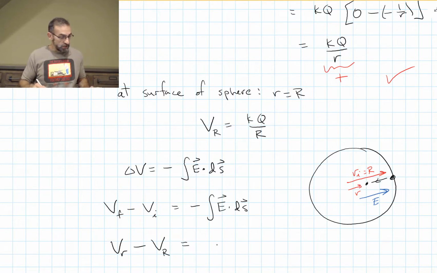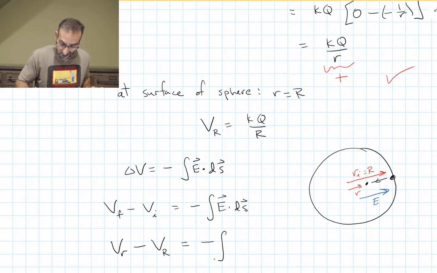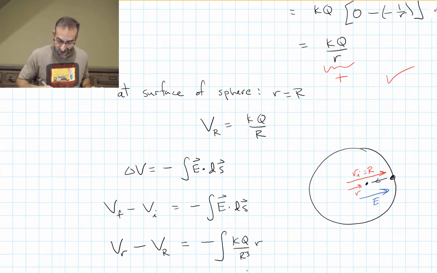And now I'm going to plug in what I know for my electric field. I know my electric field is kq over r cubed times r. That's the electric field.